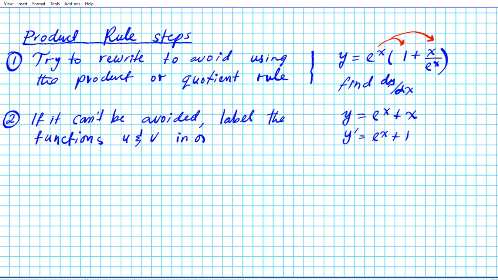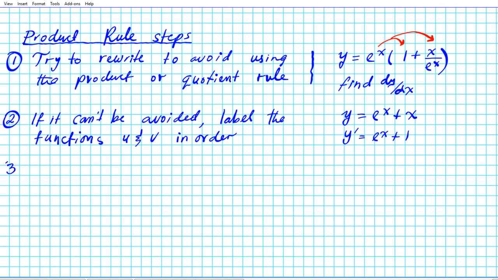The first one is u and the second one is v. It's not that significant for the product rule, but when we get to the quotient rule, it's extremely important. So you want to start labeling them correctly right now. So you label the functions u and v in order. The first function u, the second function v.